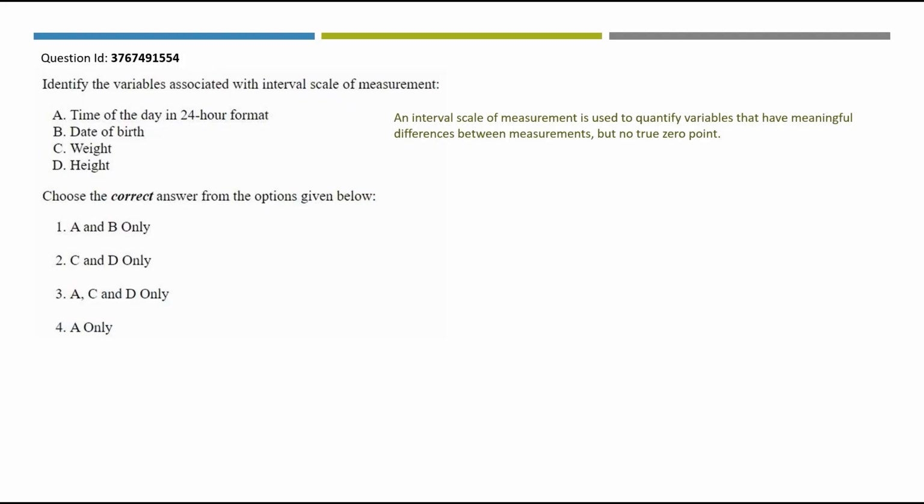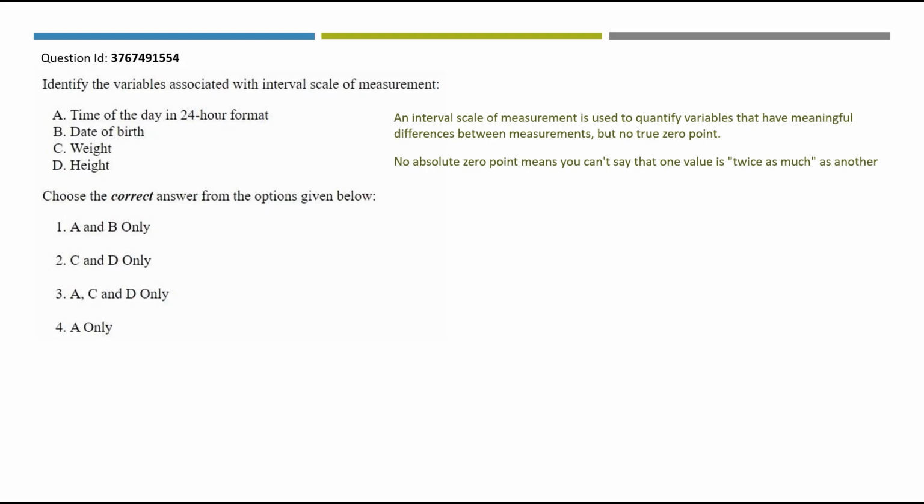Interval scale of measurement is used to quantify variables that have meaningful differences between measurements but no true 0 point. Actually, what is this no true 0 point? Even in that match, we had nominal, ordinal, interval and ratio on one side and their respective examples on the other side. So, what is this no true 0 point?